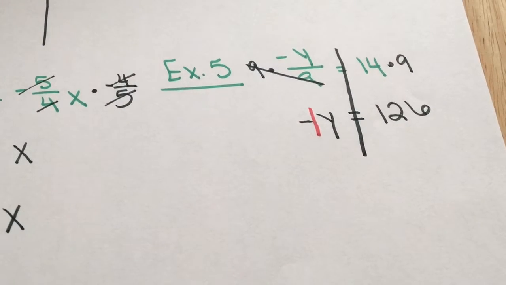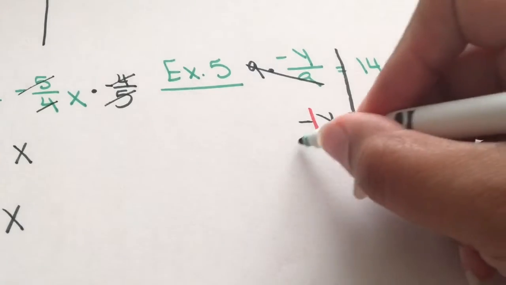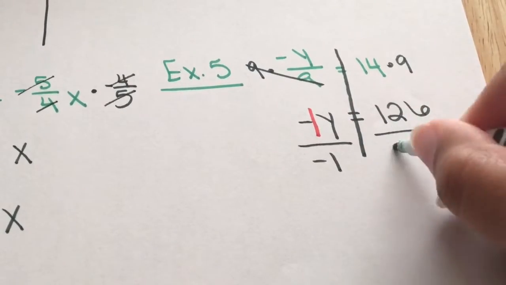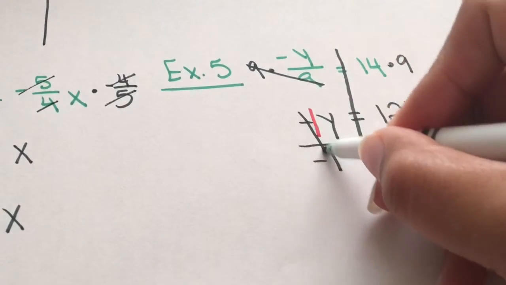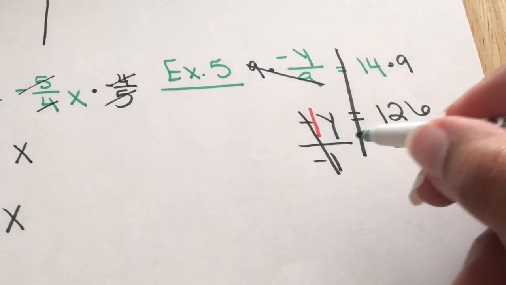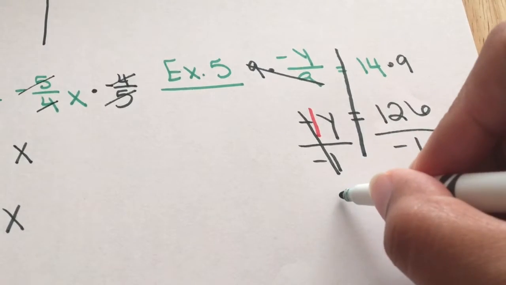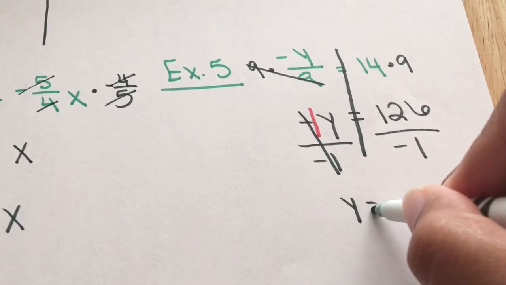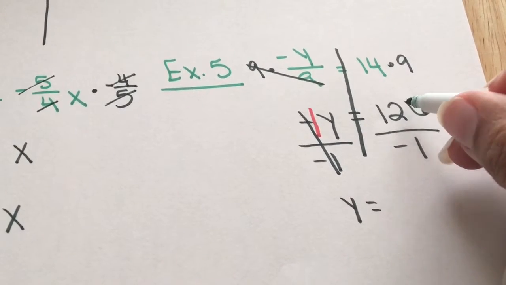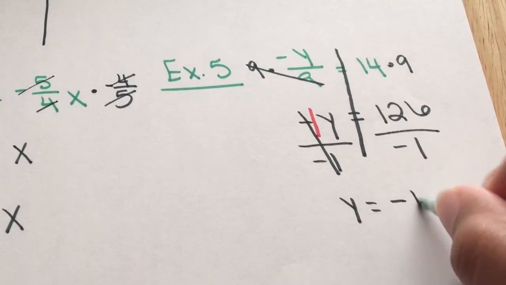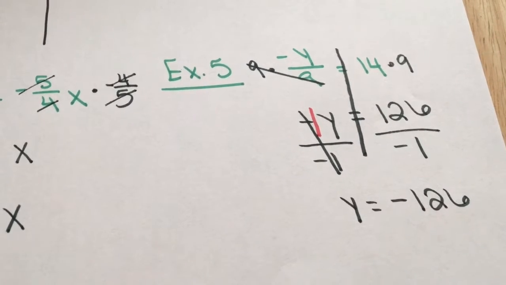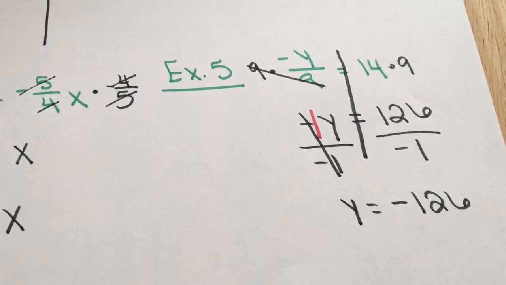And now, all I need to do is divide both sides by -1. The negatives are gone. 1 divided by 1 is 1, or 1y. A positive 126 divided by a -1 is going to be a -126. We've isolated y, so we are finished.